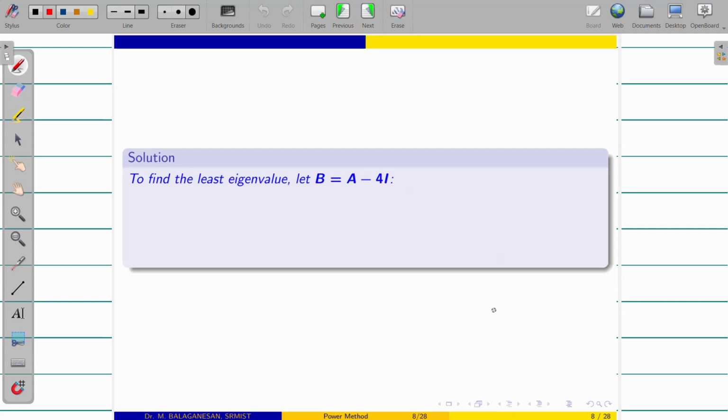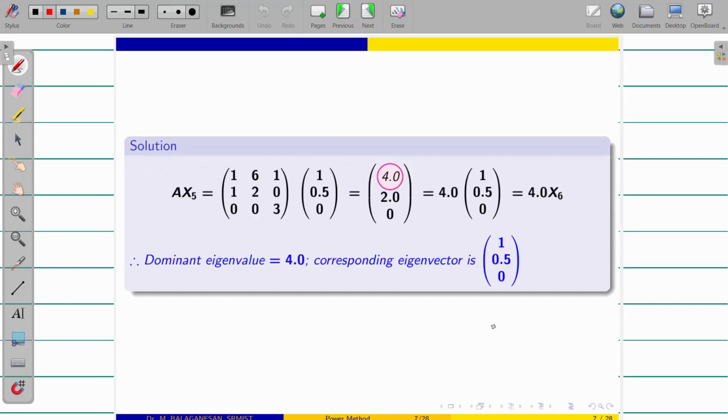So next, one eigenvalue and its eigenvector I found. Next, the rest of the eigenvalues. They asked to find all the three eigenvalues. How can I find the next eigenvalue? I have given the steps already in my previous video. What are the steps? First, to find the smallest eigenvalue of A. How to do that?